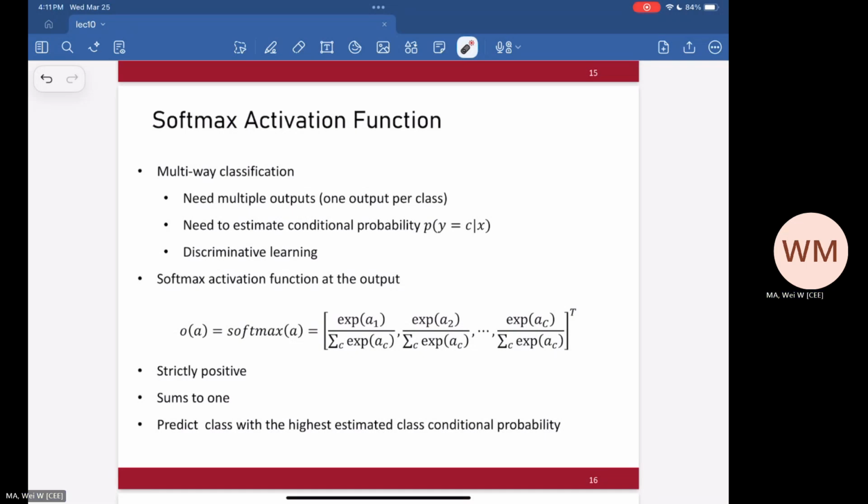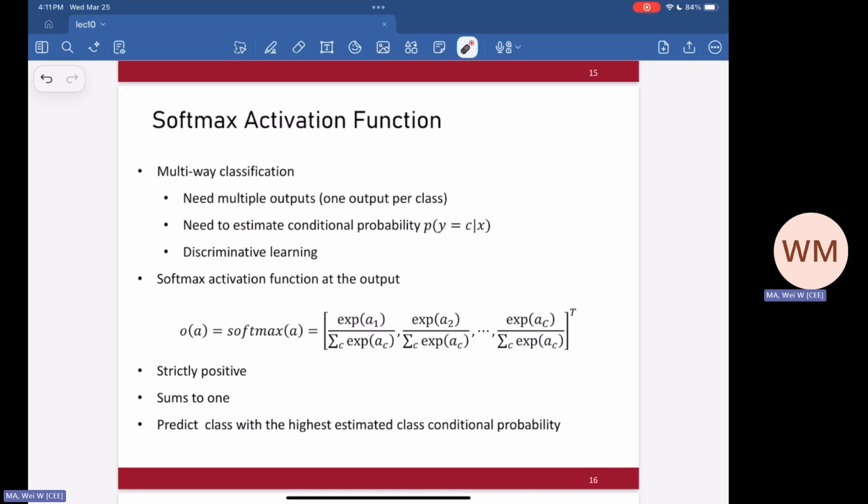So how do we do classification? For classification, we are using a very special activation function. We call it softmax. Softmax is also mentioned in Wikipedia.